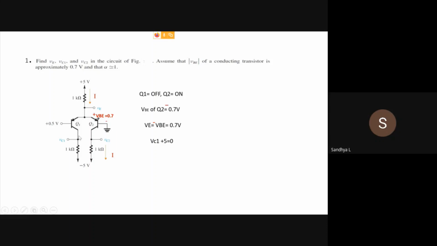KVL in this particular path will be VC1, here no current, so no drop across this resistor, plus 5 equal to 0. VC1 plus 5 equal to 0. So VC1 equal to minus 5 volt.